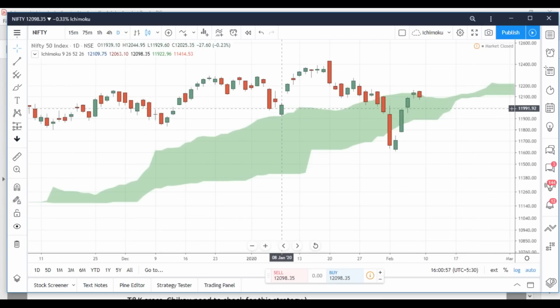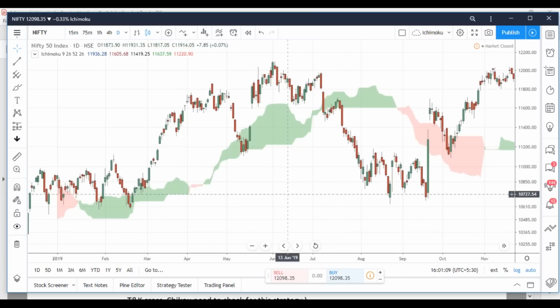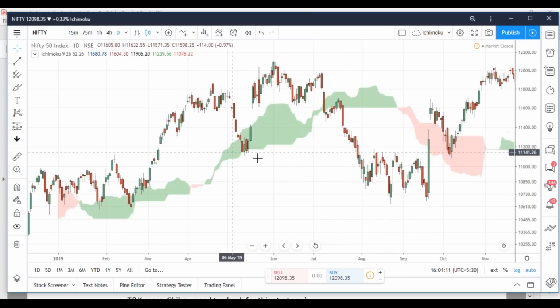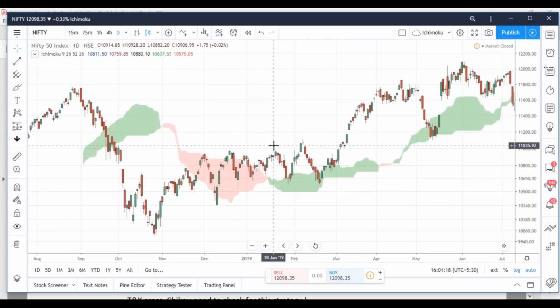Price touched the cloud and bounced right from the top of the cloud and made a bullish candle. So above this candle's high was my long entry. One more pullback bounce worked out nicely. Here also price was above the cloud, bounced again from the cloud, worked out very well.